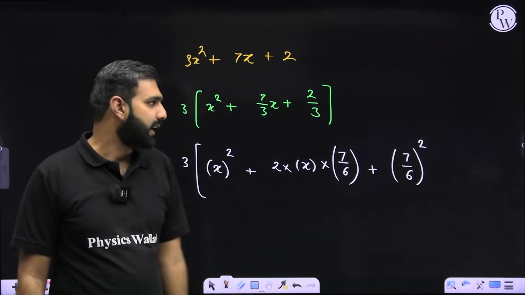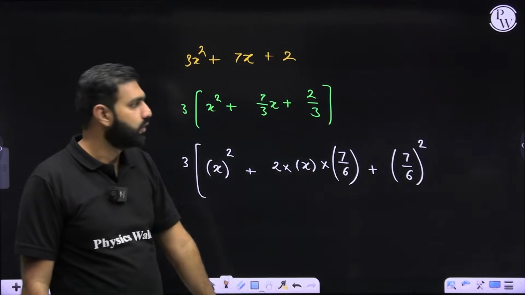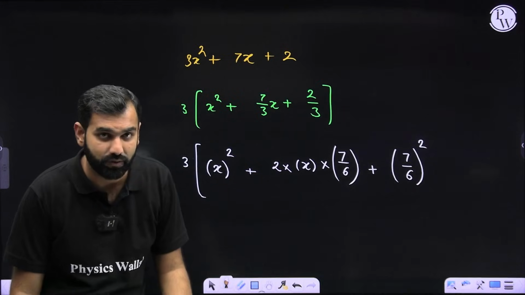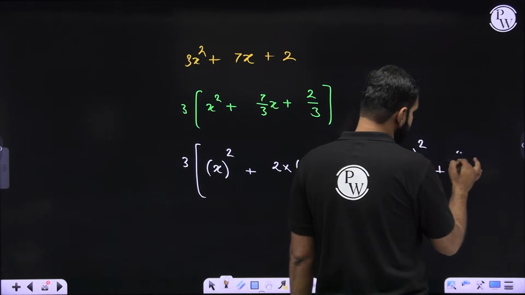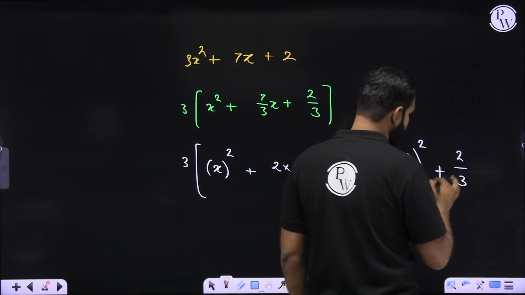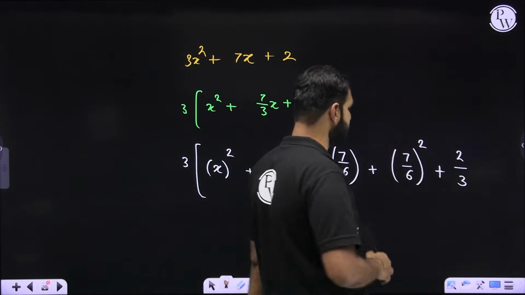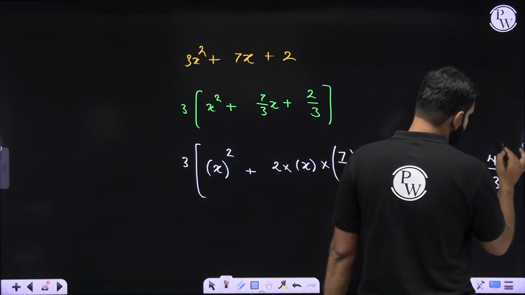You need to understand, if you are adding something, you got to subtract something. So basically I have added square of 7 by 6, so I should subtract square of 7 by 6 from here. And it also has 2 by 3, so from that 2 by 3, I got to subtract square of 7 by 6. What is it? It is basically 49 by 36. So that's your whole expression.